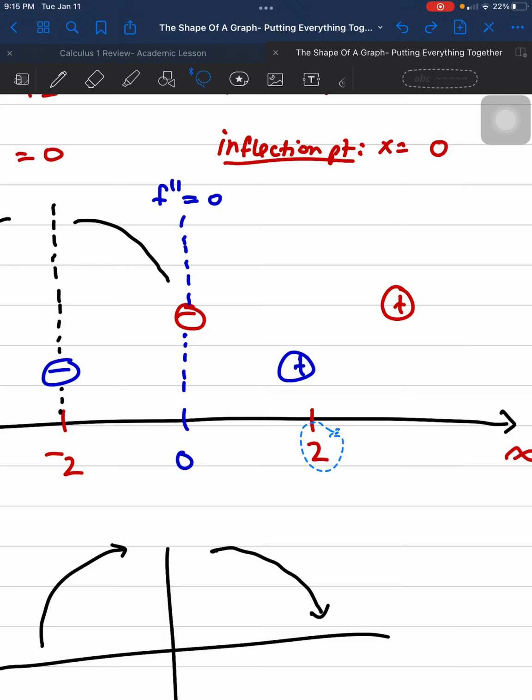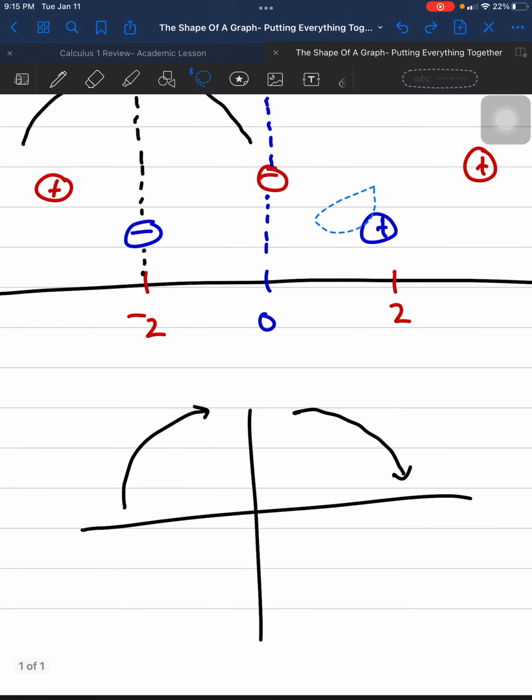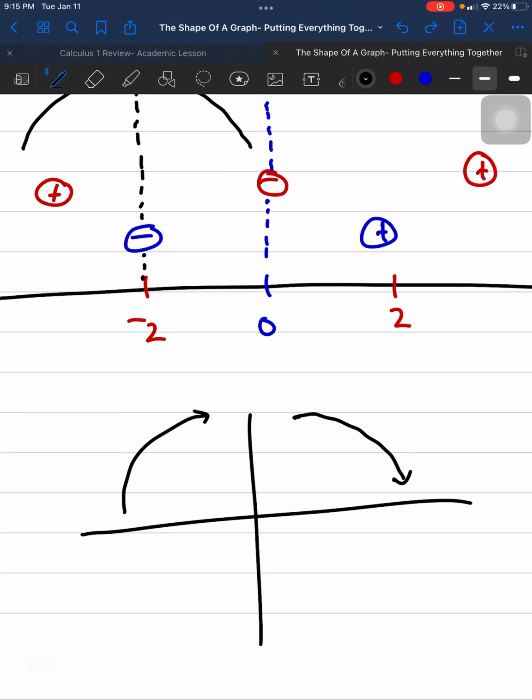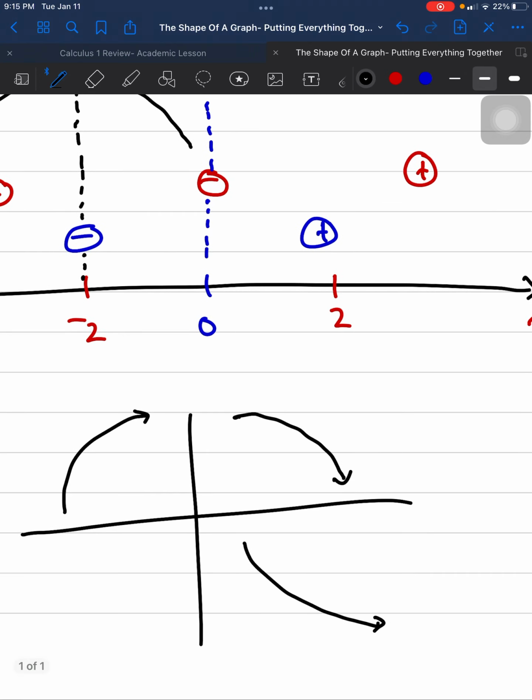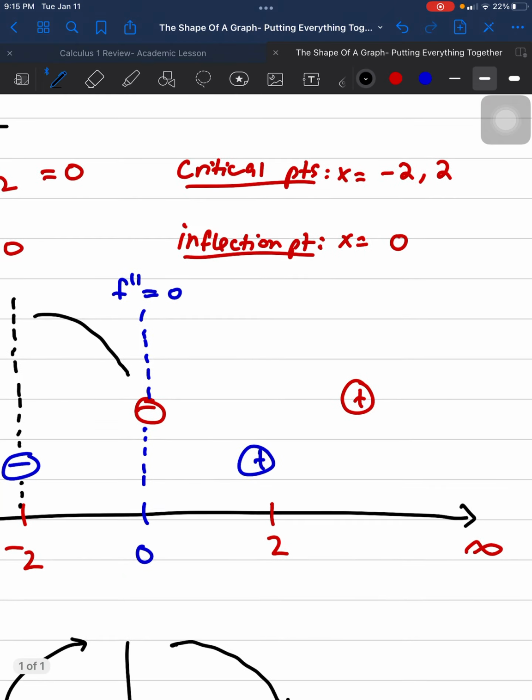That means the function is going to be concave up, but decreasing. When we want a function to be concave up and decreasing, it looks something like this. So this is concave up, and it's still decreasing. So the function f of x looks something like this between 0 and 2.